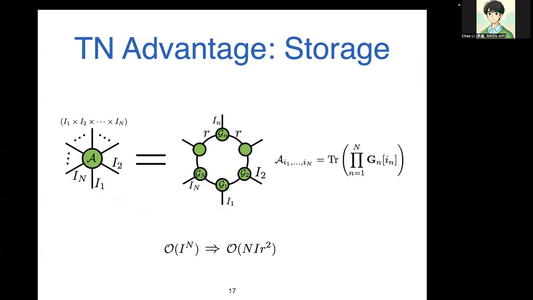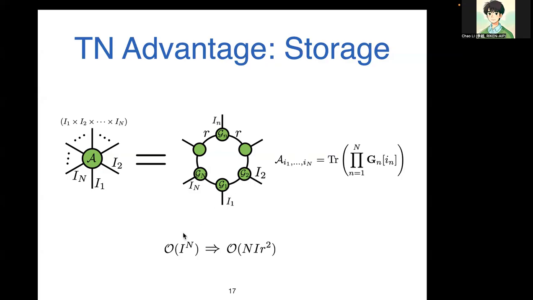We have shown when we represent a higher order tensor directly, the storage cost grows exponentially with the order. That's the curse of dimensionality. But if we represent it as a tensor network, like a tensor ring, the storage cost drops dramatically.